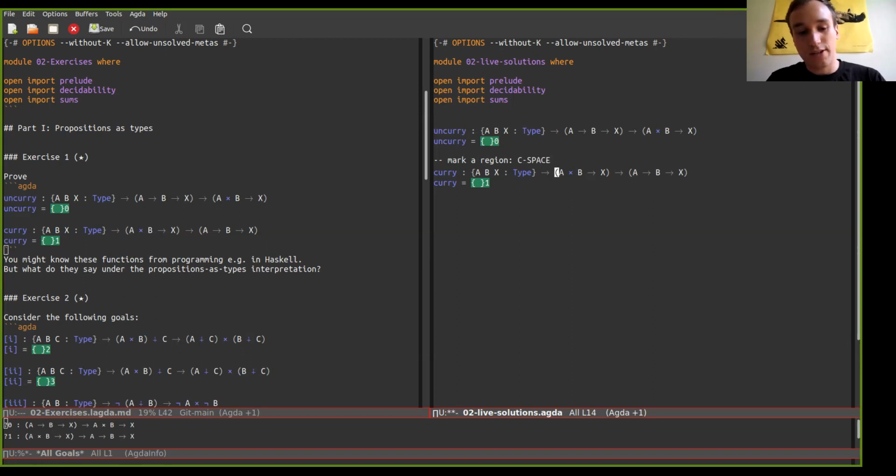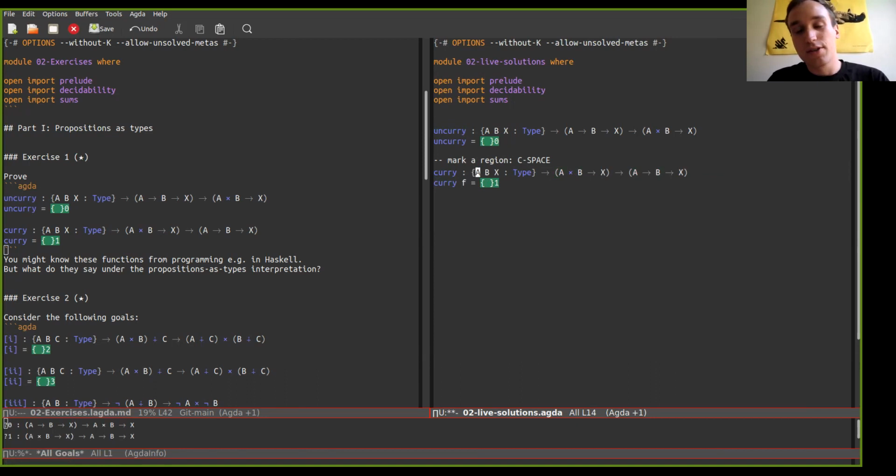If I press that, you can see it down here. It says mark set. And then if I move the cursor, it will highlight the region and I can copy-paste. So this will be our first argument, that function.